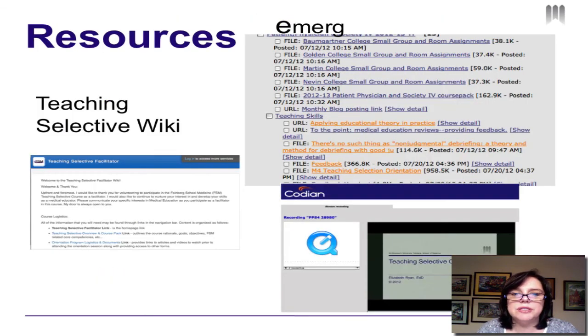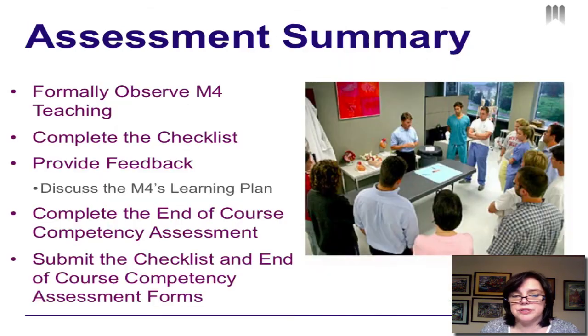Here are some resources. eMERGE has the materials that the students need, just so you know where they are. They're all posted on eMERGE. The 3rd and 4th years have had lectures on providing feedback, and those are available through eMERGE as well. And there is a Teaching Selective wiki that has other resources available.